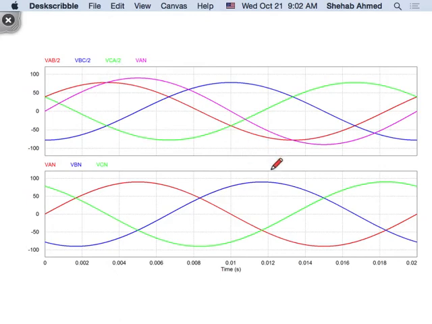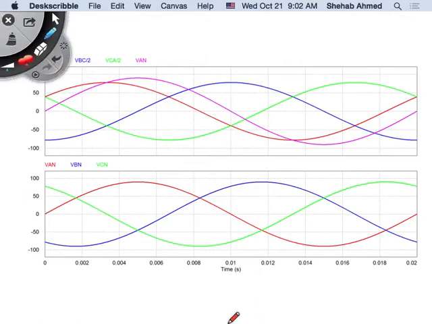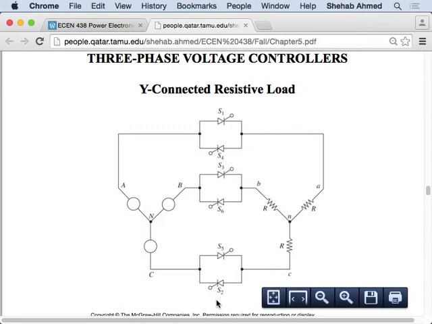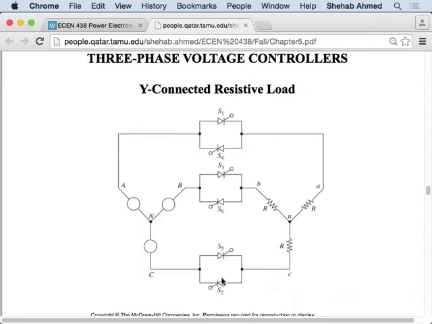So that being said, if we go back to the drawing that we have here, if we go back to this waveform, I have a certain numbering of these thyristors: 1, 4, 3, 6, 5, and 2.